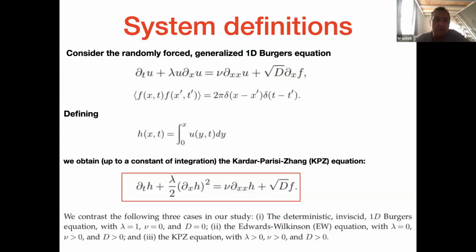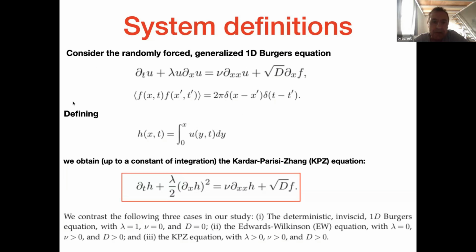So let's go to the system definition. If you take the 1D Burger's equation, I said generalized because I add a lambda in front of the nonlinear term, a nu for the dissipative term, and a square root of D for the noise term. The noise term is taken to have this correlation. Note that there is a derivative in the noise term, and the so-called interface height is just the integral of the velocity field.